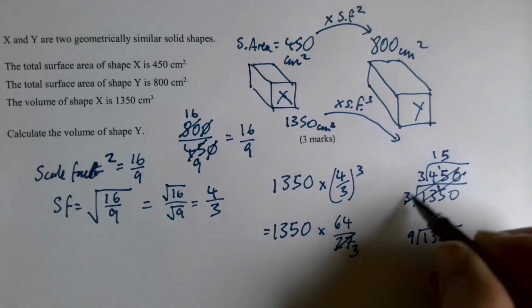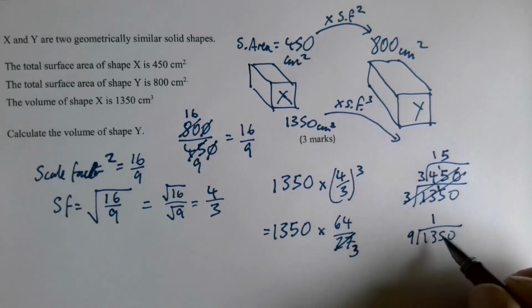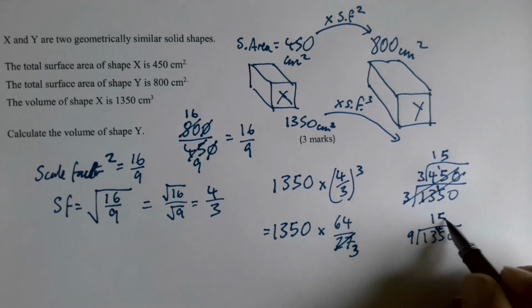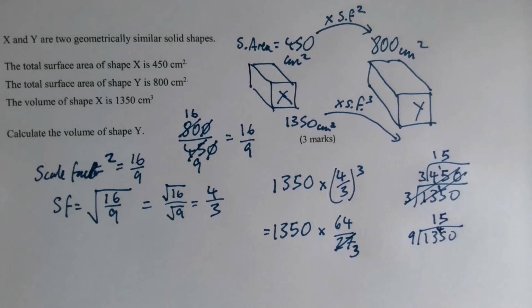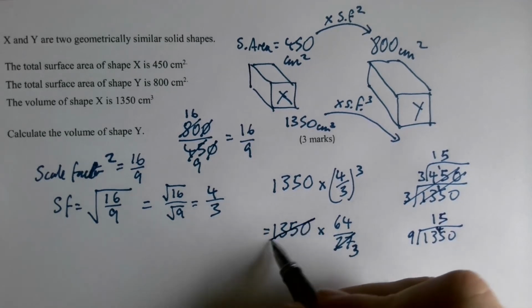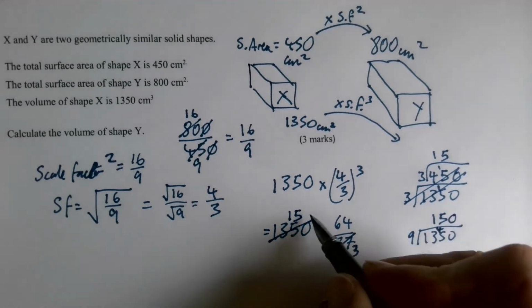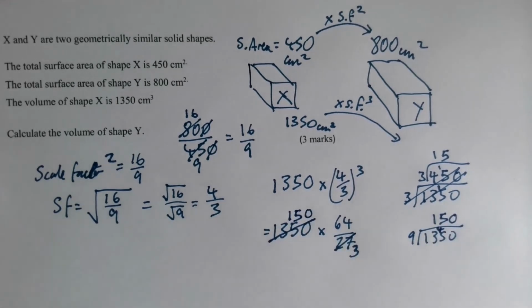Just to show you, because 3 3s are 9, bit of revision: 1 9 in 13 with a remainder of 4 and 5 9s in 45. So however we get there, we know that this is going to be 150, isn't it? Because we've still got the 0 there.